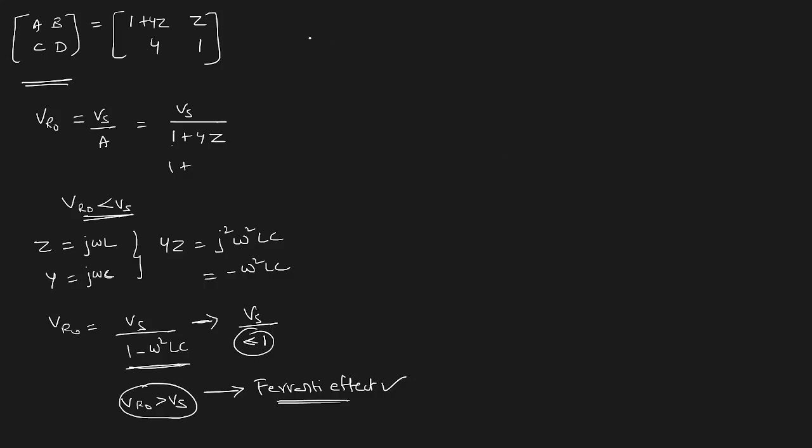And let us see whether it is symmetric or not. For symmetry, the condition is A should be equal to D, and here A and D are not equal, so it is not symmetric. Let's check for reciprocity: AD minus BC equal to 1. Now you use (1 plus YZ) into (1 minus YZ)... sorry, with D equal to 1, it will be 1.